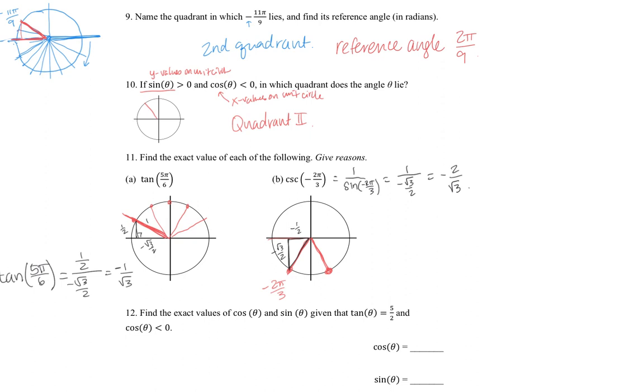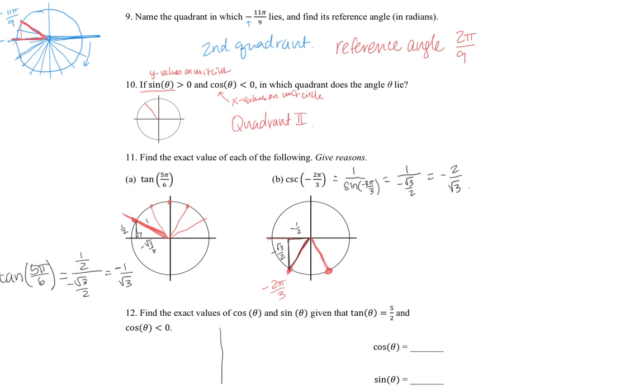Then it says, find the exact values of sine and cosine given that tangent is equal to 5 over 2 and cosine of theta is less than 0. And so I could think about this one and draw a picture. So I know that tangent is positive and cosine is negative.